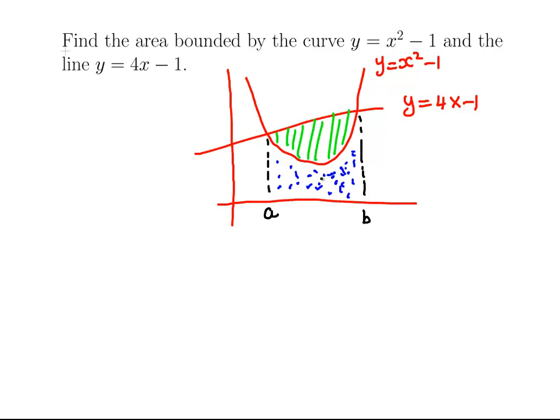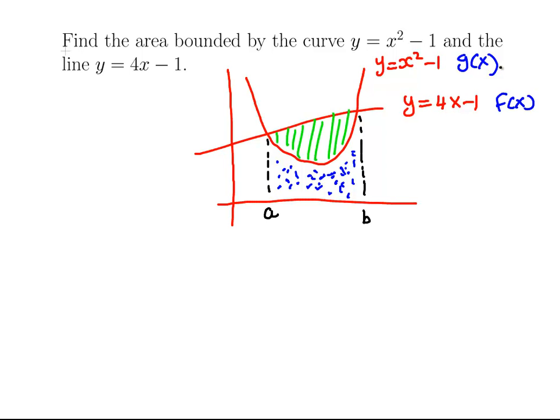Whereas the area between A and B under y equals 4x minus 1 is this blue area plus the green area. So I'm going to make this f of x and g of x. If I was to do it the other way around, basically I get a negative answer. It wouldn't really matter too much, all I have to do is change the sign at the end.